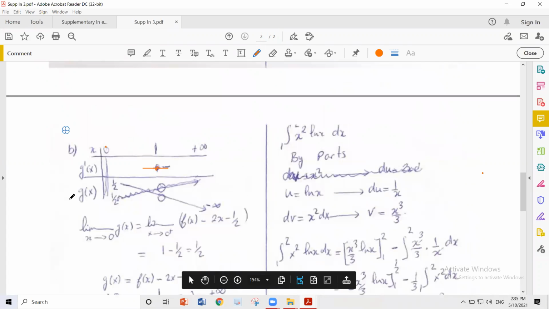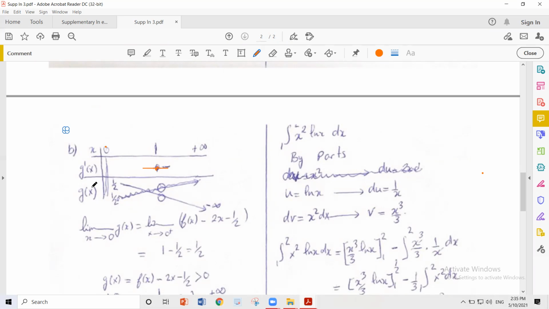After we proved that G prime x is negative, we said study the variations of G. This is the variation of G: from half at 0 to minus infinity at plus infinity. We notice that gx is fx minus y of the tangent.